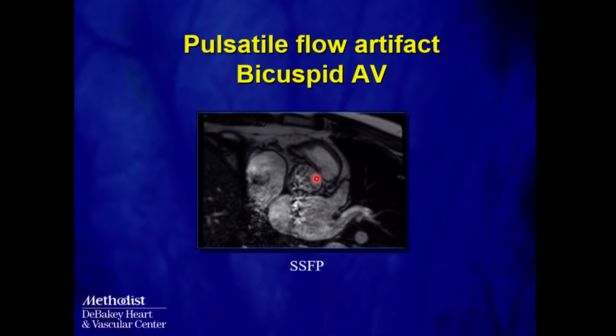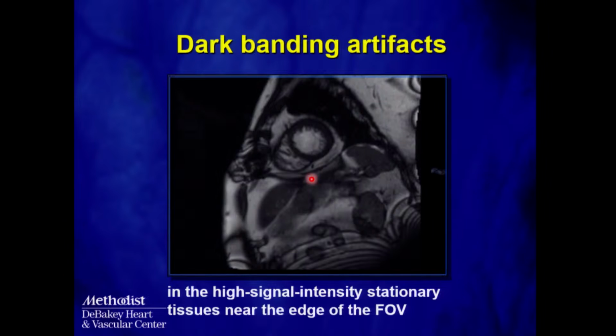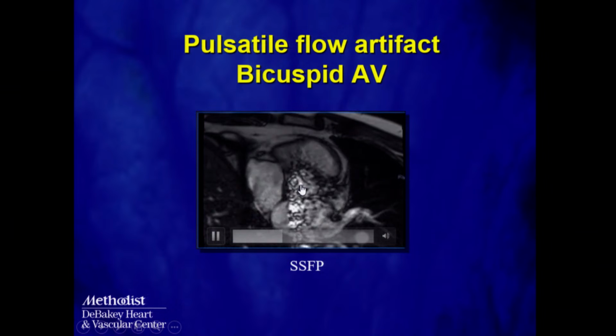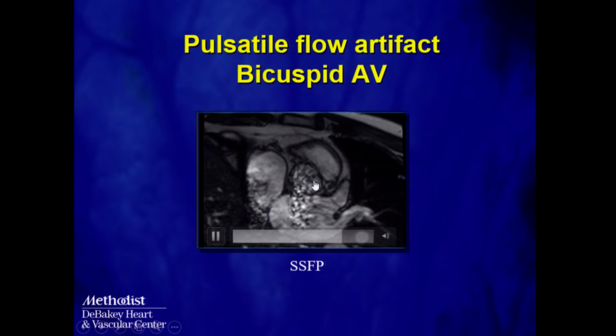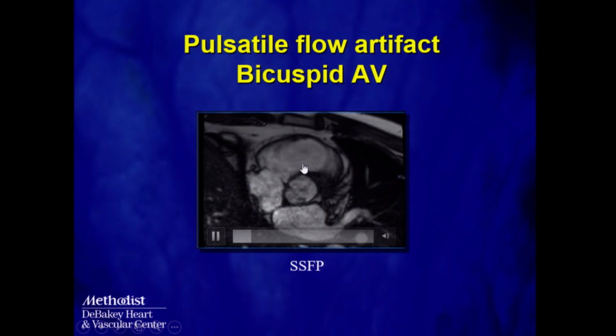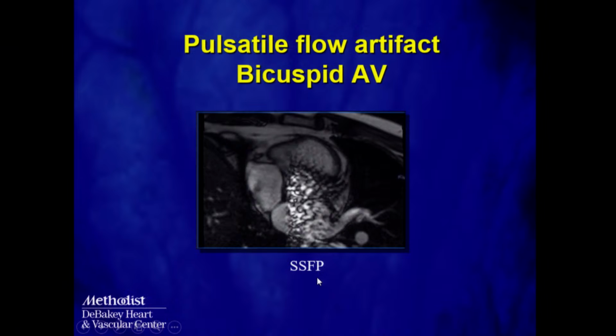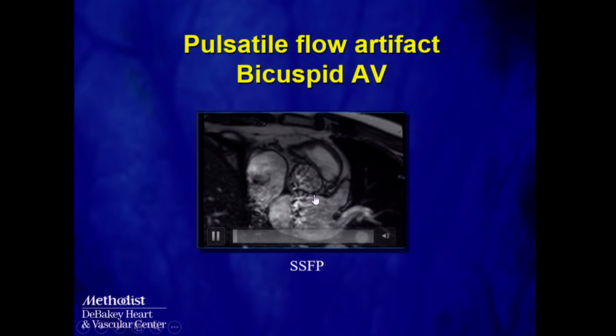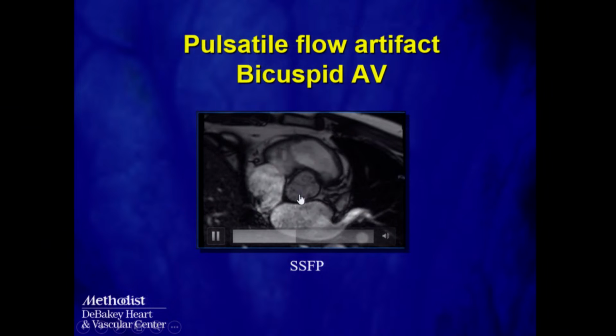This is a patient, let me see if this one plays. So this is a patient, if you appreciate, who has a bicuspid aortic valve. He has a commissural fusion between the right cusp and the left cusp. But notice how the center of this valve is susceptible to a lot of flow artifact, a lot of high signal and low signal intensity.